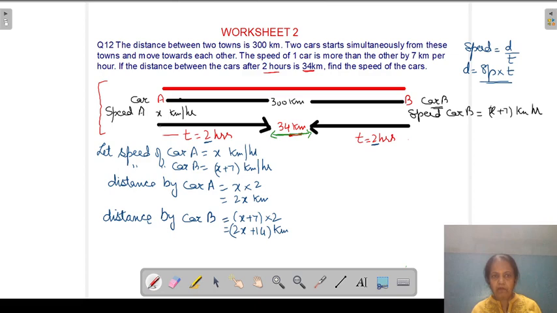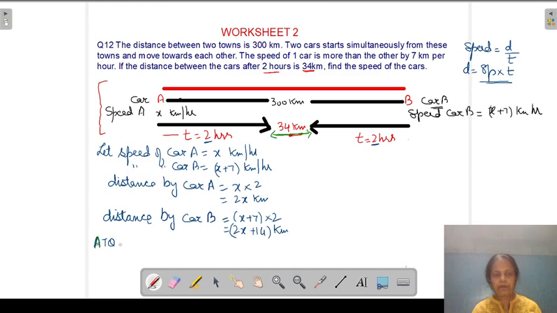If we add this distance plus this distance plus this distance, it should equal 300. Once again, this whole distance equals this distance, that is 300. Is it clear?